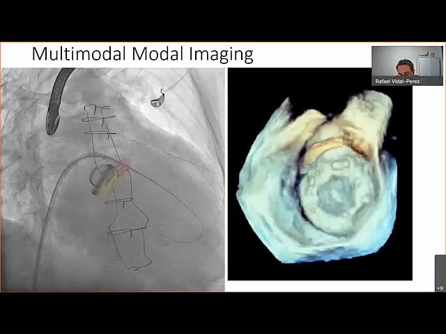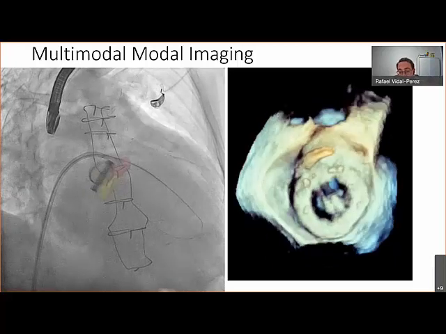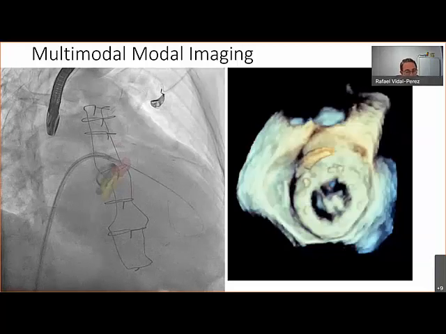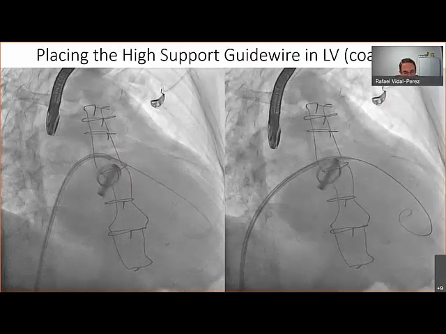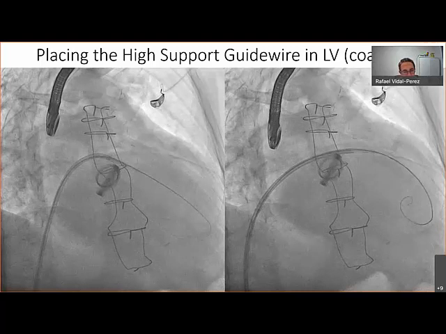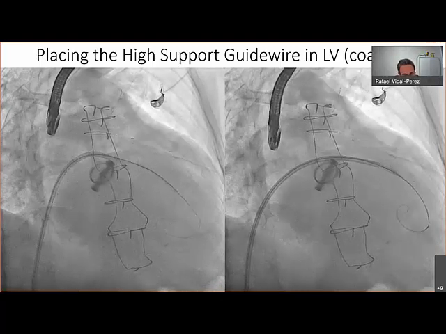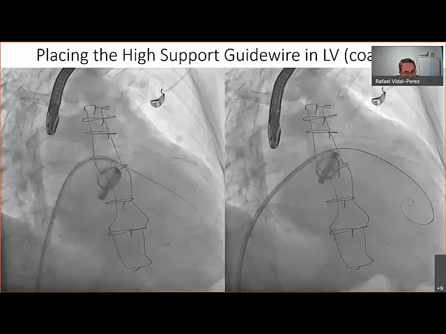Now we know where we wanted to put the occluder, so we have more or less orientation to that. And here you see how it's placed, and you need this support guide wire in the left ventricle to do it correctly. This is one of the points.